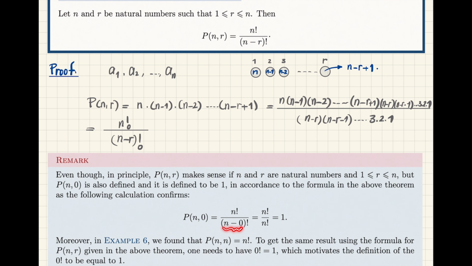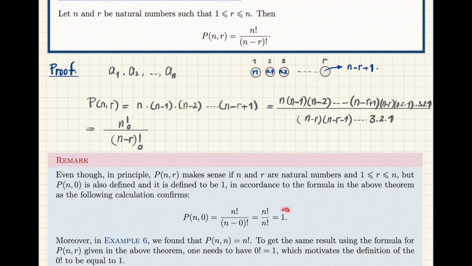But n minus 0 is just n, so n factorial and n factorial are gone, and it is 1. So it is a reasonable definition to define it as 1, but there is no combinatorial understanding behind this number, because I have n distinct objects, I want to choose 0 of them. In how many ways can I do that?